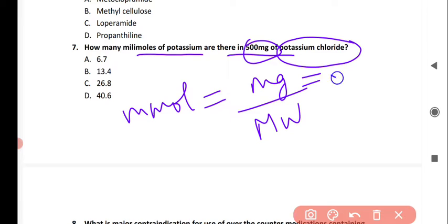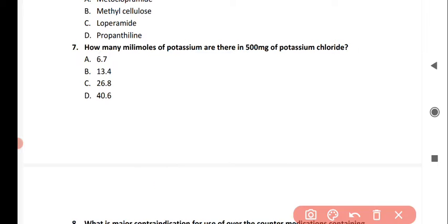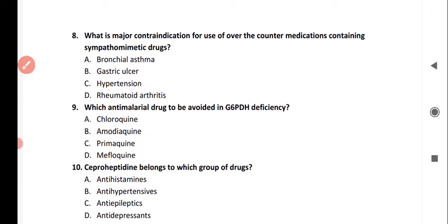So mg is 500 and the molecular weight of potassium chloride is 74.55 grams per mole. By simply dividing this value, we get the answer 6.7 millimoles. So the correct answer is option A, that is 6.7 millimoles of potassium are there in 500 mg of potassium chloride. Then we will move to the next question.